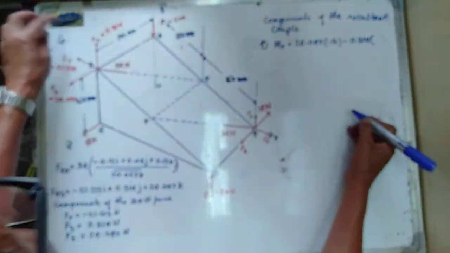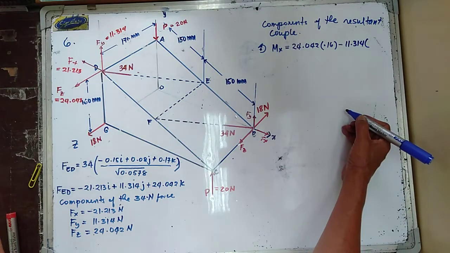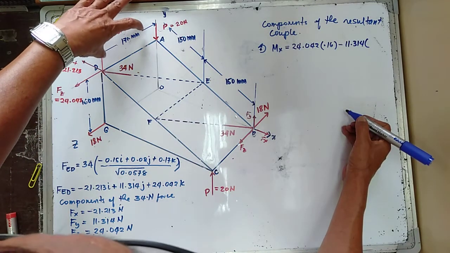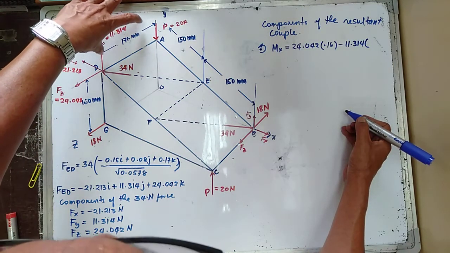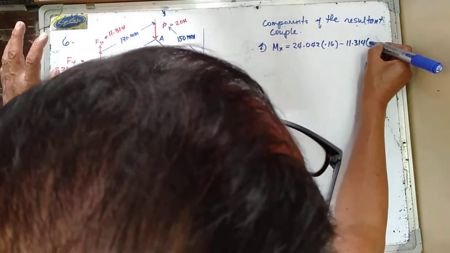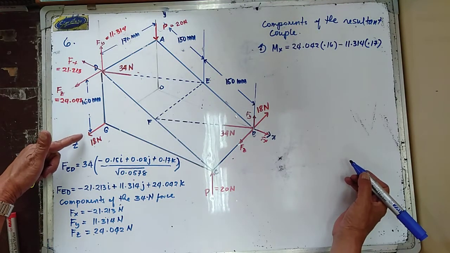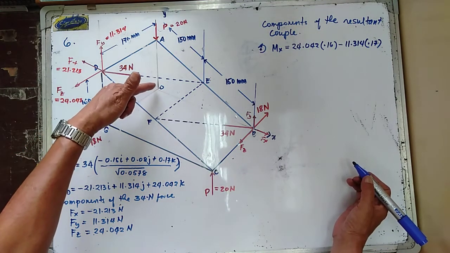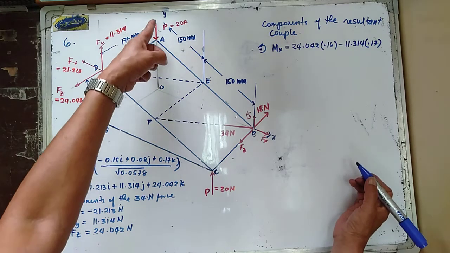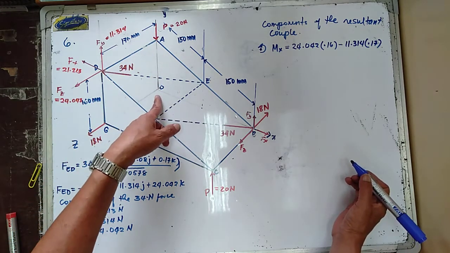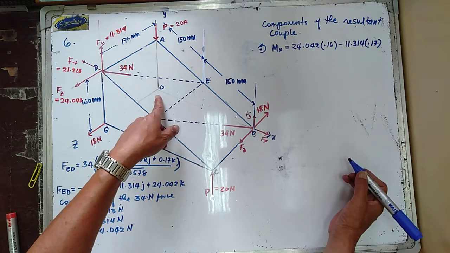The moment arm is equal to 0.17 or 170 mm, that is 0.17 meters. This P in here intersects the x-axis.